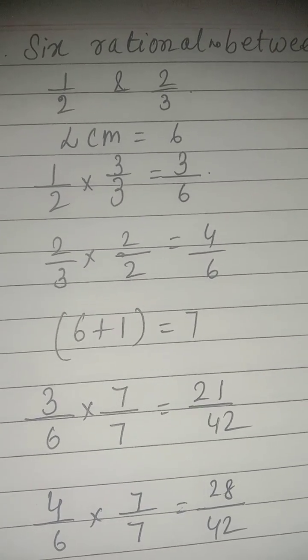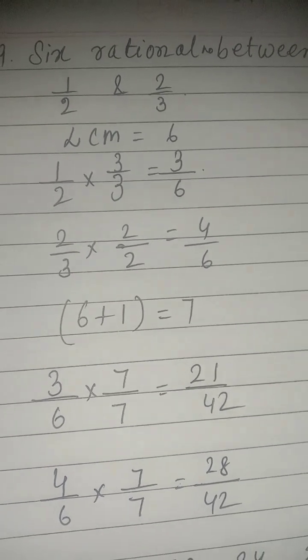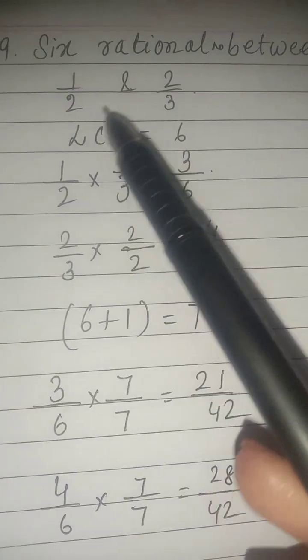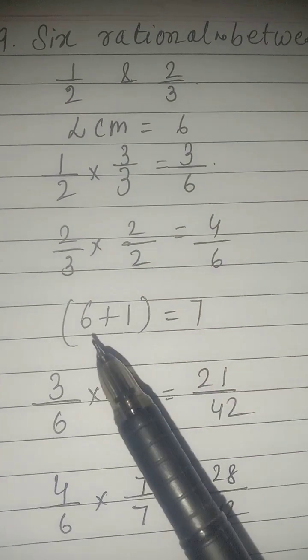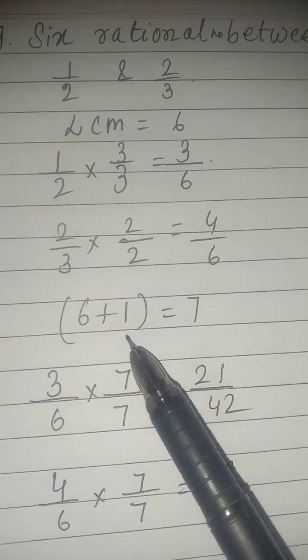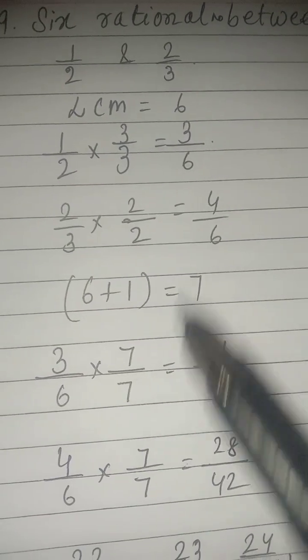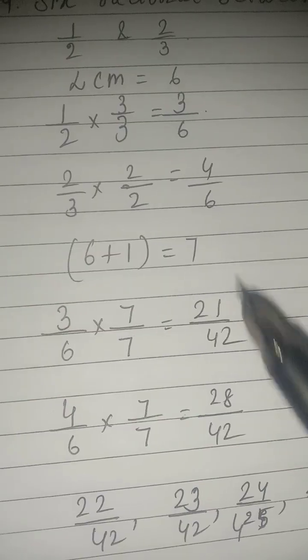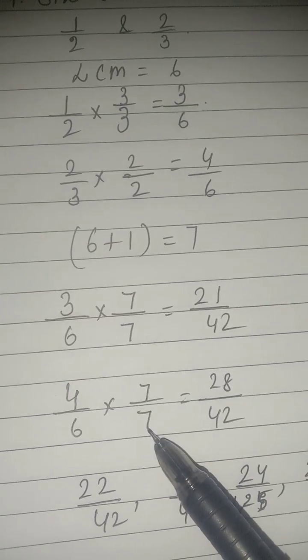Since there is no gap, to insert the 6 rational numbers we have to multiply by 6 plus 1, that is 7. So 3 by 6 into 7 by 7 and 4 by 6 into 7 by 7.